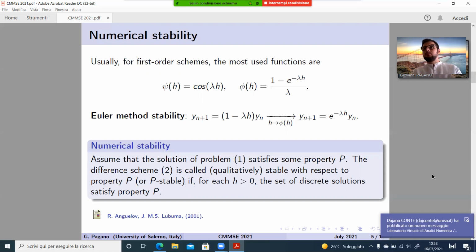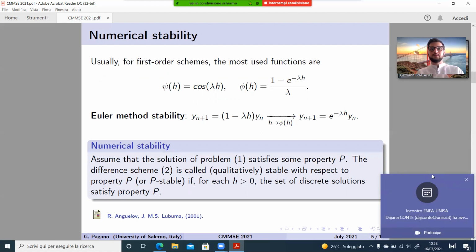Therefore, our aim is gaining numerical stability. We want to choose some properties of the model we are approximating, and we want our numerical solution provided by the non-standard scheme to be able to grasp and follow these properties, the properties of the exact solution of the model we are approximating.